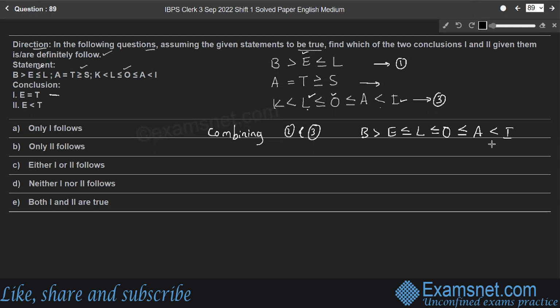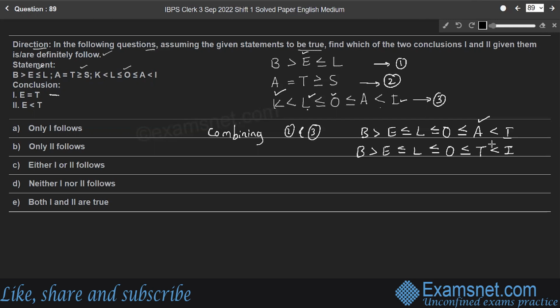So consider second statement, right? Here A is equal to T. So in place of A, can we write T? Yes. So B is greater than E, where E is less than or equal to L. L is less than or equal to O. O is less than or equal to, in place of A, we can write T, where T is less than I, right?